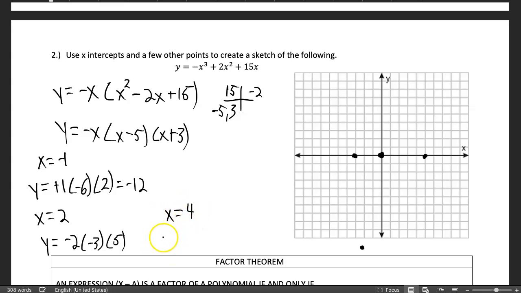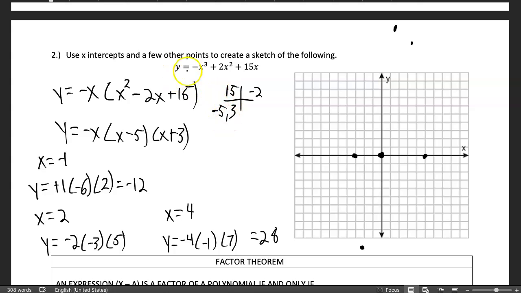For this one, we'll get y is equal to negative 4 times negative 1 times 7, or 28. And then we'll use this information to graph. So we get a point 30 all the way up here, somewhere way up there. We'll get 28 down here, and we know it'll be back down to 0 over here.